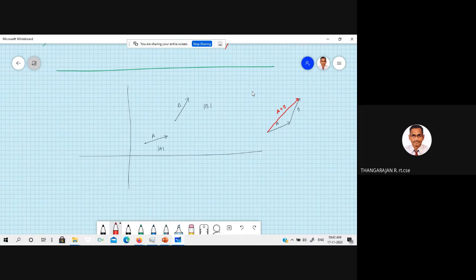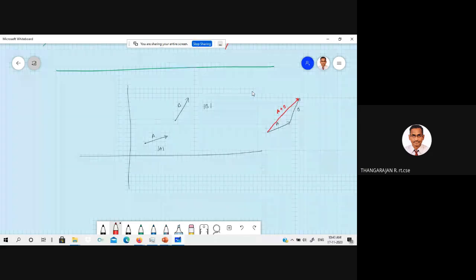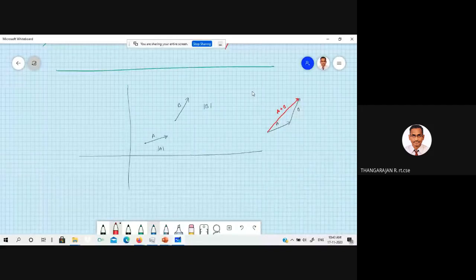Now suppose I want to elongate this vector. What I do is multiply this vector by a scalar. A scalar is just a real number. So with a scalar small a, the new vector is a times A. The vector will be scaled.